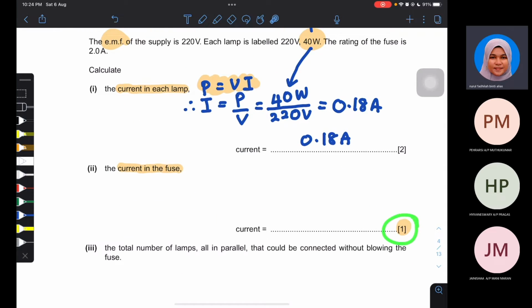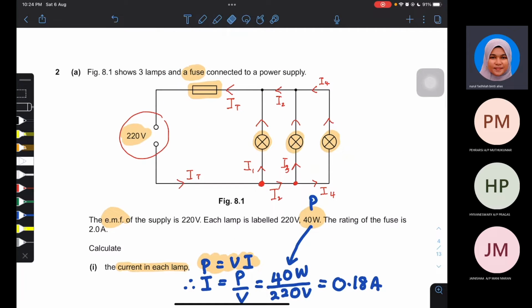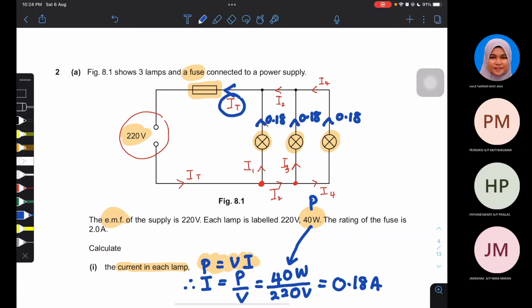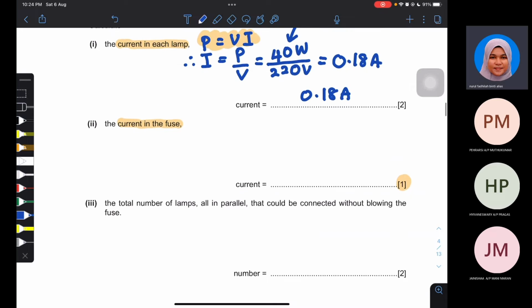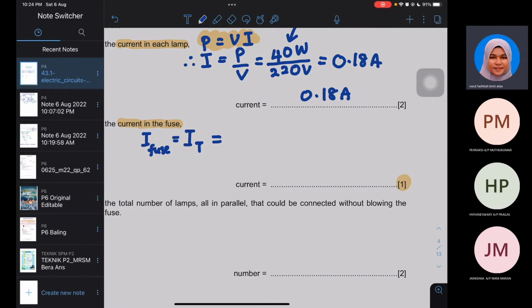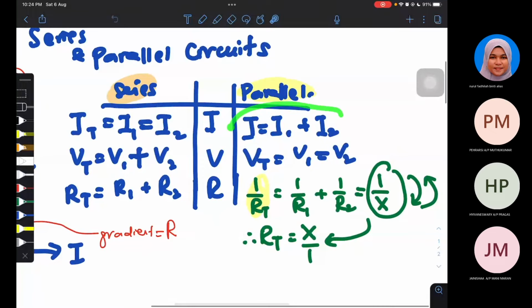So, bila sini sama dengan sini bergabung, macam mana kita nak dapatkan I dekat I total ni? Dia satu markah je sebab maksudnya senang. So, sebenarnya kat sini 0.18. Sini 0.18, sini 0.18, sini pun 0.18. And then bila semua berkumpul dekat sini jadi apa? 0.18 times 3. Betul? Jadi current in fuse sama dengan current total.